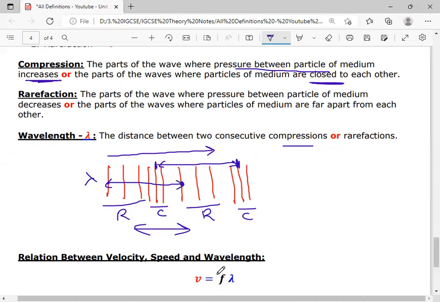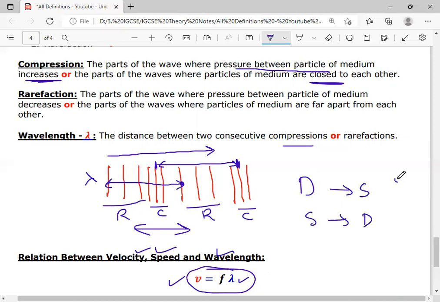And there is a very famous equation, the relationship between speed, velocity, and wavelength, that is v equals f lambda. By changing the medium, frequency does not change, but velocity and wavelength change. Let's suppose that when water waves travel from deep to shallow water or from shallow to deep water, then frequency remains the same, but wavelength and speed change.